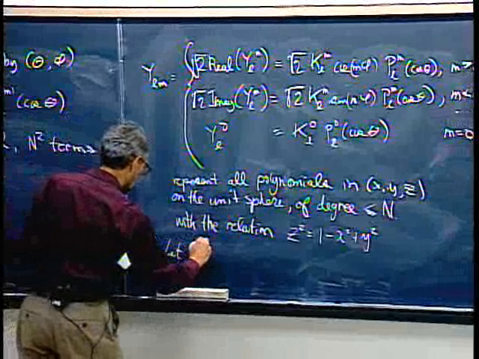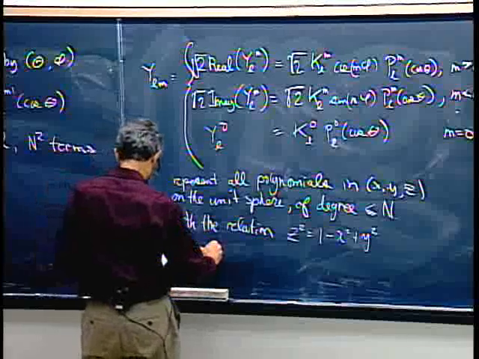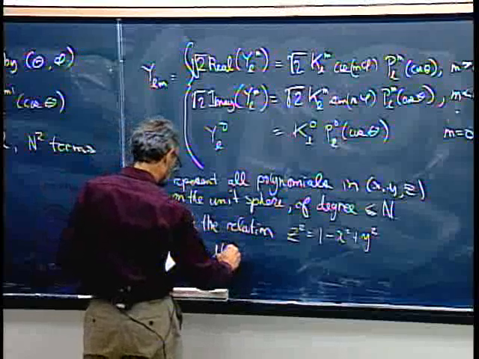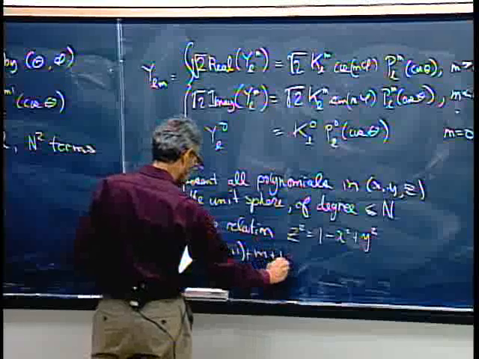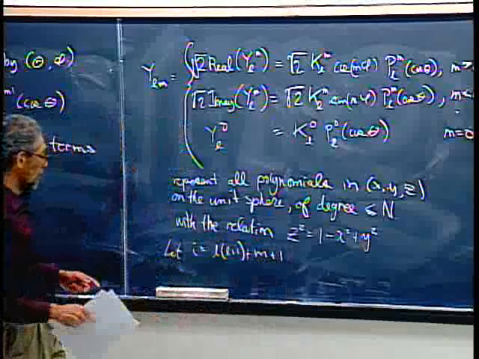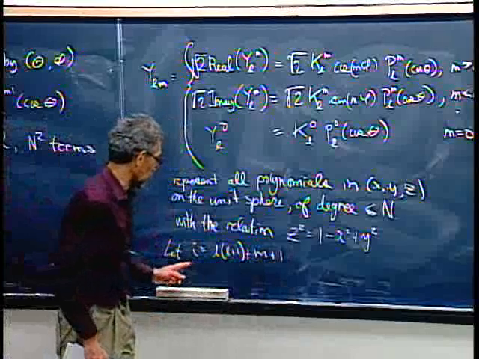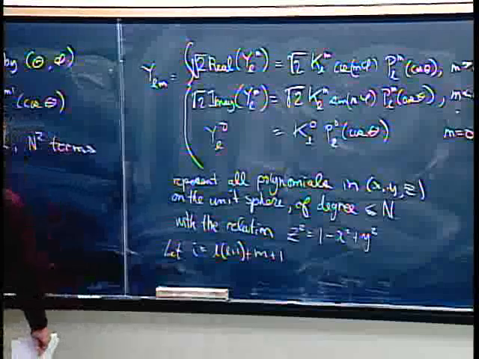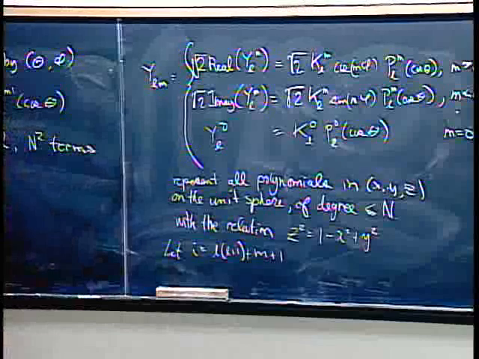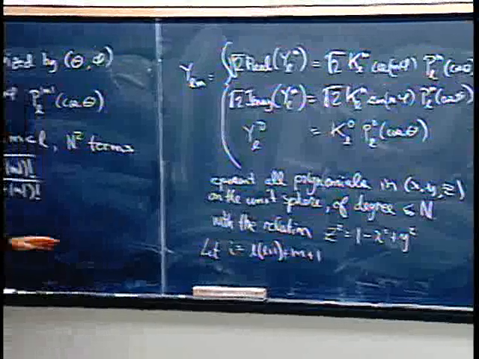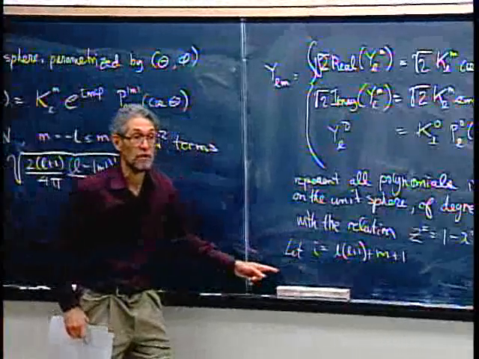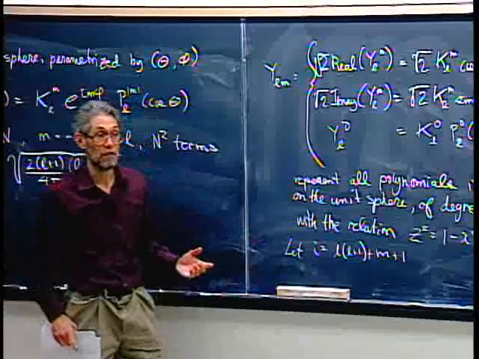Let i equals L times L plus 1 plus M plus 1. This is just a way of turning, you count 0 and then a 1 with a minus 1, a 1 with 0, and a 1 with 1, and then a 2 for L and go from minus 2, minus 1, 0, 1, 2. It's just a way of ordering that into a single sequence, so we can have only one subscript instead of two.